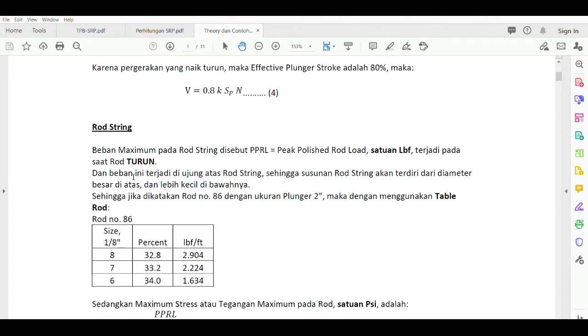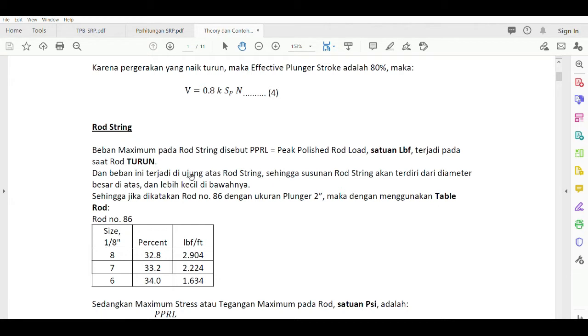So remember that during the going down, you will have the lengthening of the rod.